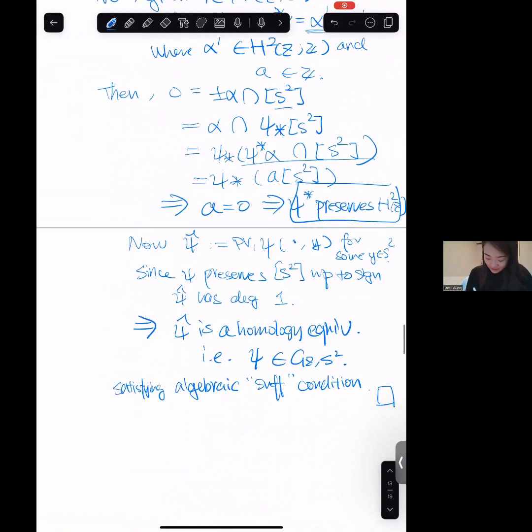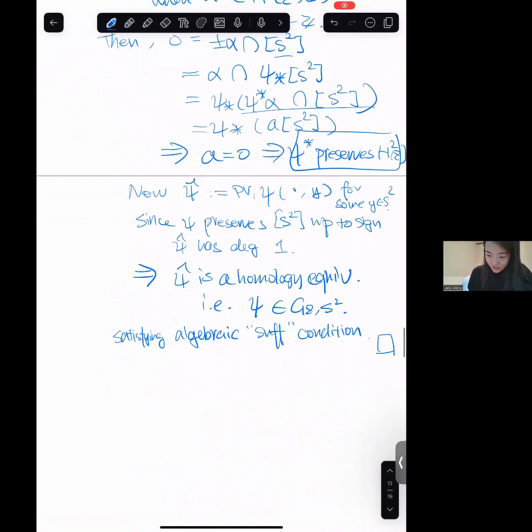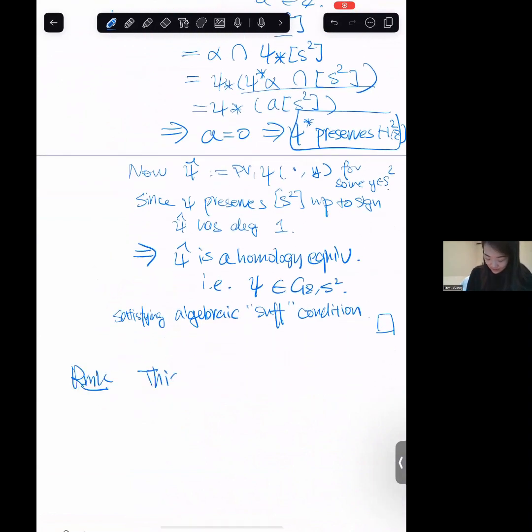Okay. As I mentioned in the proof, this proof applies to other 4 manifolds, for example the homotopy K3 given by Vidusi. But this remark says, in my notes at least, something else.